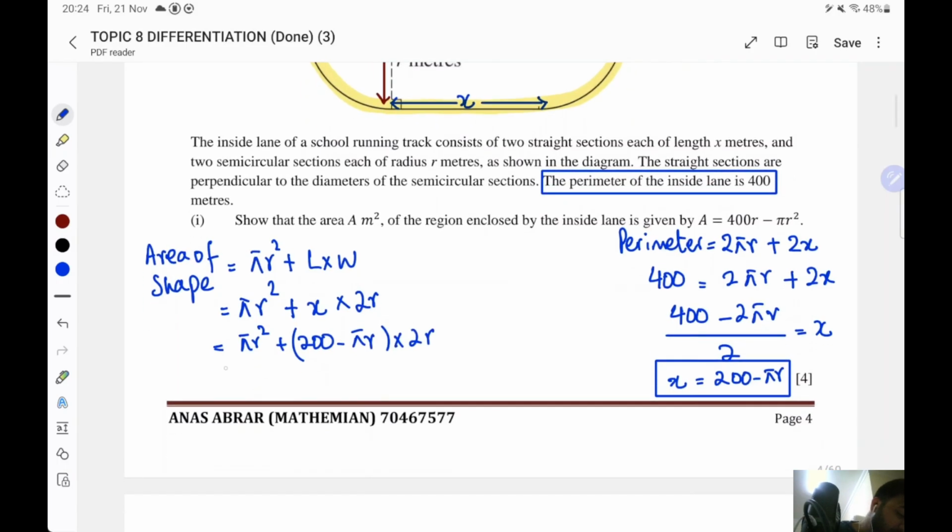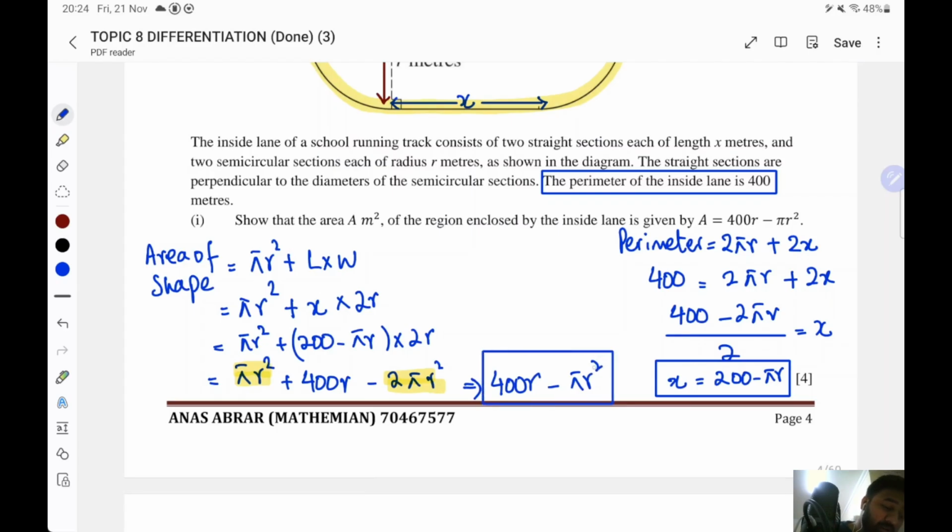So we multiply and simplify: pi r square plus 400r minus 2 pi r square. I hope all can see that these are the two like terms. We can simplify them, and it will give you 400r minus pi r square. This is the area of the region enclosed by the track.